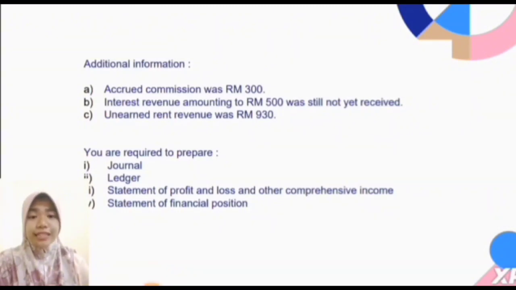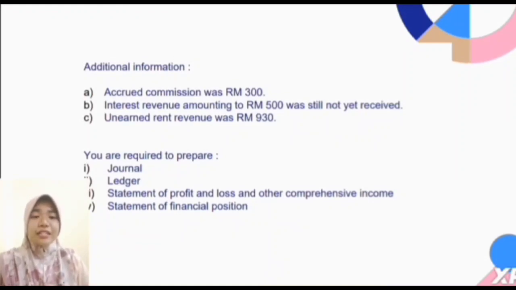For additional information, first is accrued commission 300. Accrued commission, we know that as an asset because we did the action but we have not yet received the money. The money we have not yet received is our property. That's why we call the accrued commission an asset. Second, interest revenue amounting to 500 was still not yet received.